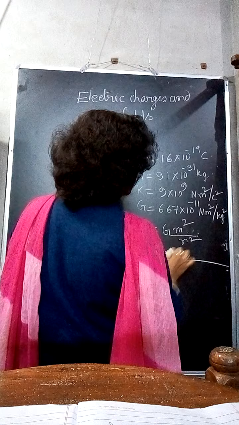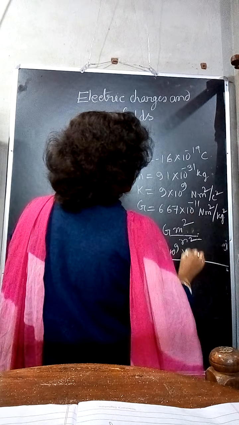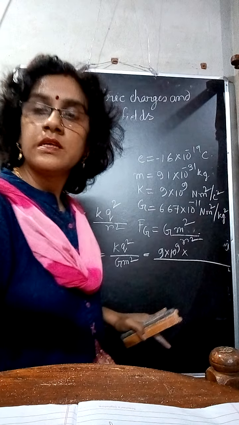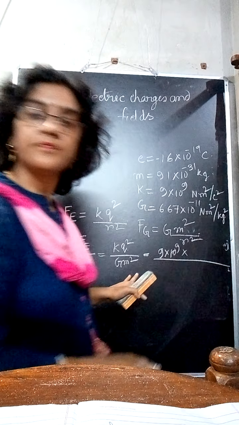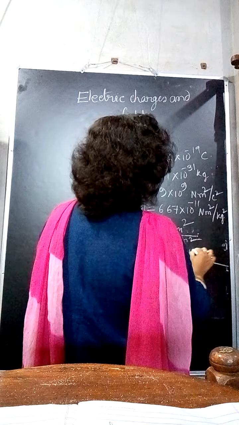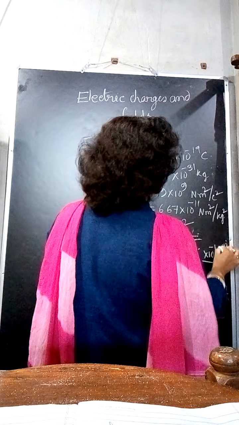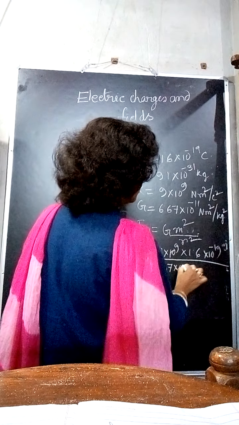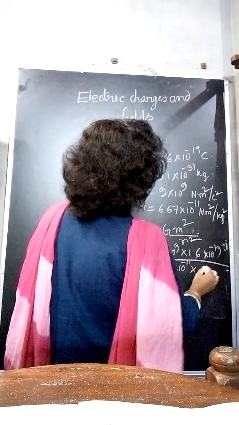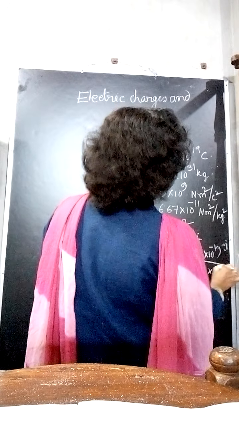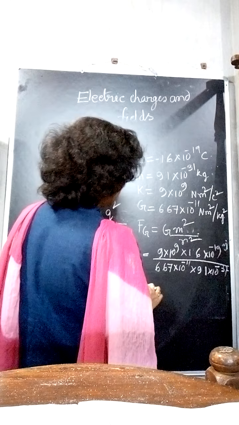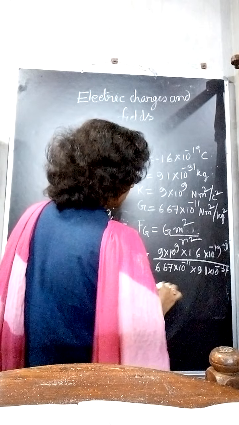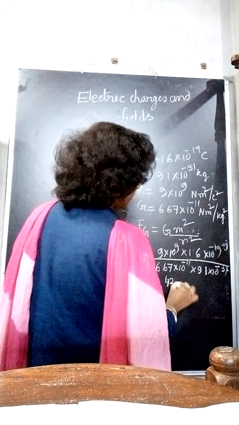Now if you put in the values, K is 9 into 10 to the power 9, into the electron charge 1.6 into 10 to the power minus 19 squared, divided by G, 6.67 into 10 to the power minus 11, and M, 9.1 into 10 to the power minus 31 squared. After calculation, the value will come to near about 10 to the power 42.